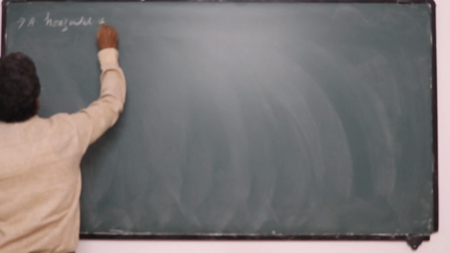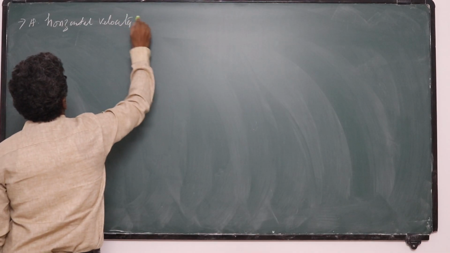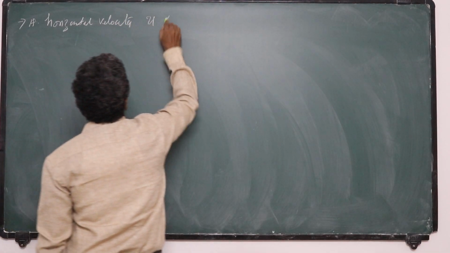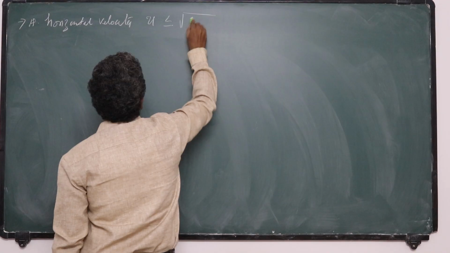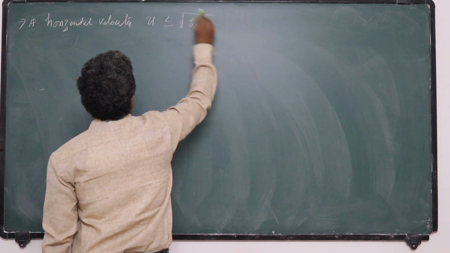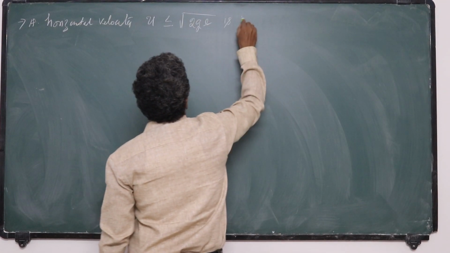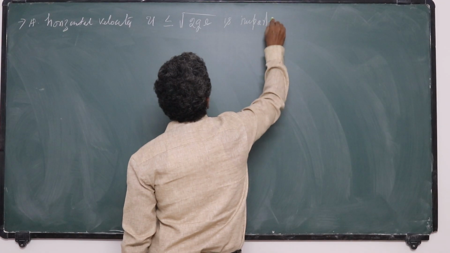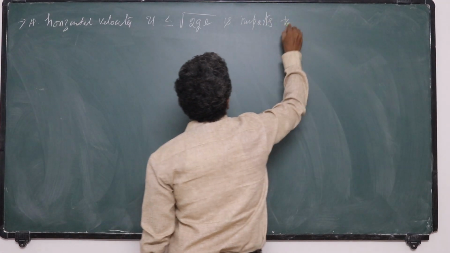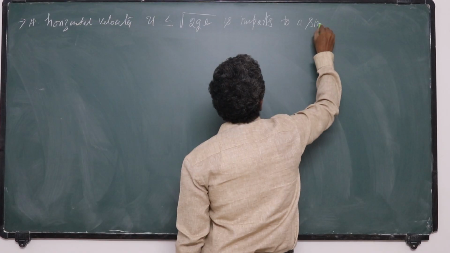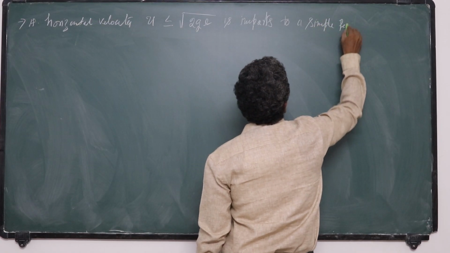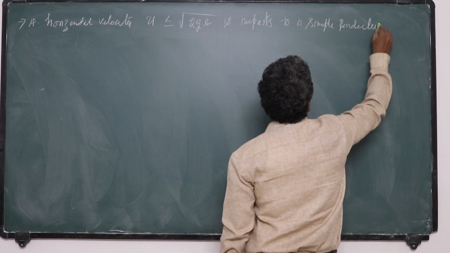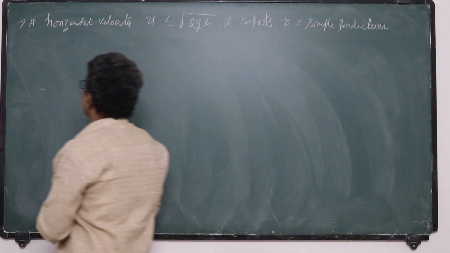Next problem. A horizontal velocity u, less than or equal to square root of 2gl, is imparted to a simple pendulum at its lowest point.